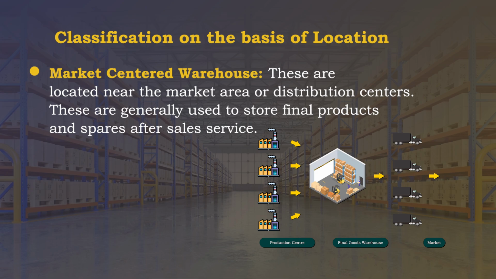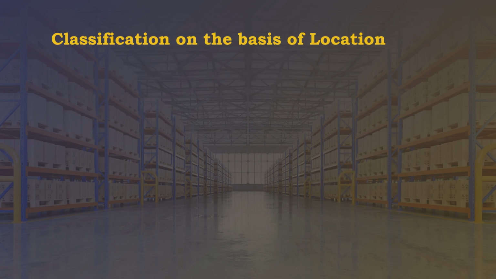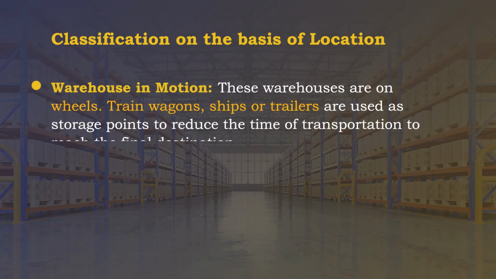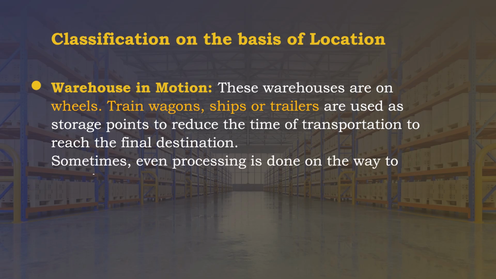These are generally used to store final products and spares after sale service. C. Warehouse in motion. These warehouses are on wheels. Train wagons, ships, or trailers are used as storage points to reduce the time of transportation to reach the final destination. Sometimes, even processing is done on the way to save time.